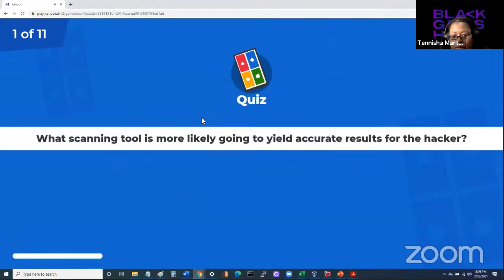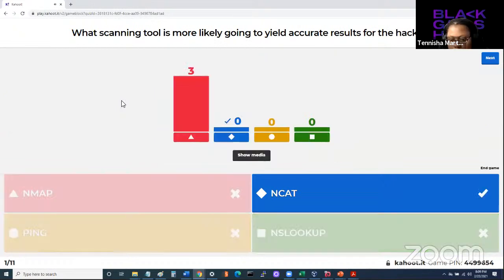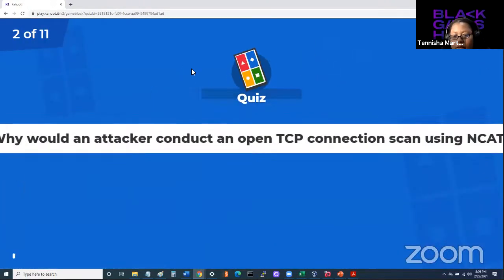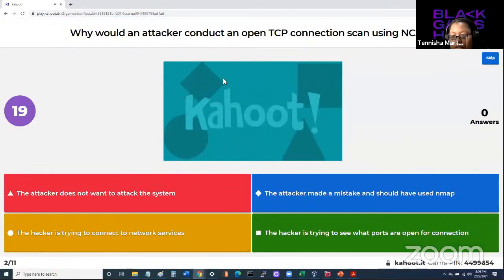All right, number 1, what scanning tool is more likely going to yield accurate results for the hacker? Yep, Nmap. Good job. Why would an attacker conduct an open TCP connection scan using NCAT?